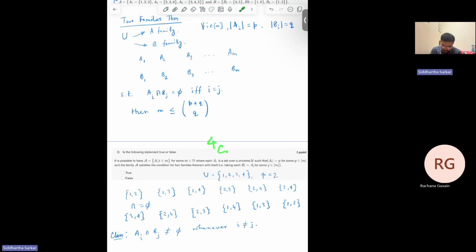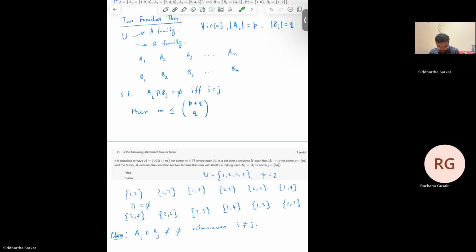Therefore, choose two: there are six possible two element sets, and I have taken all of these. Because the universe is of size 4, the complement of each two element set can be placed as the corresponding Bi for every Ai. So we can ensure this property whenever i is equal to j. But we also have to ensure that for i not equal to j, they intersect.